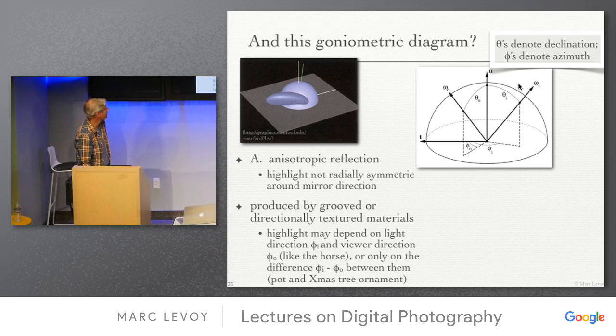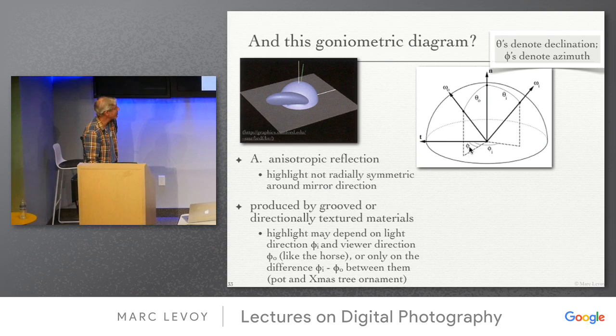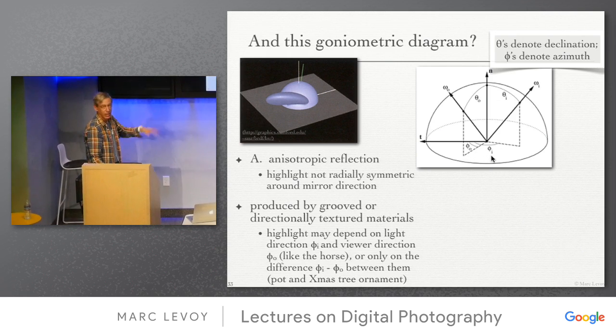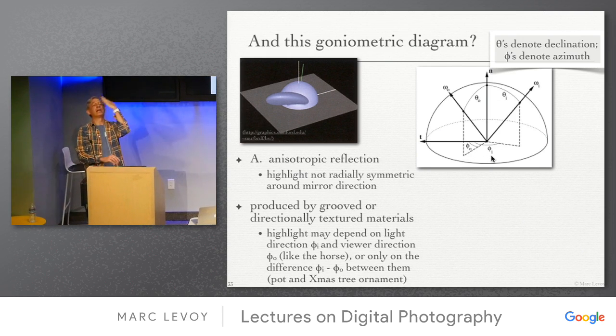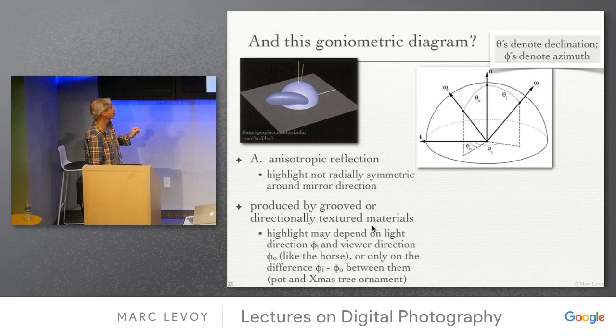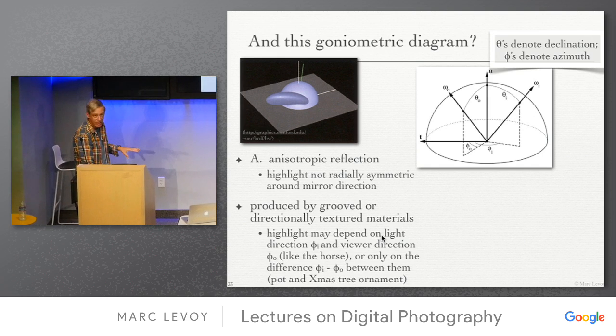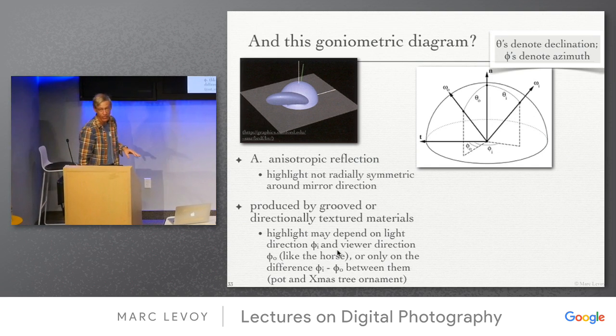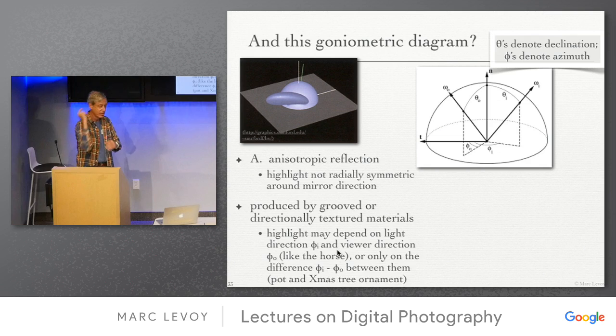That's the thetas that we've been talking about. But it also introduces these azimuthal angles. So that means this angle. And those are the phis. And so a highlight may depend independently on the light phi direction and the viewer phi direction, the azimuthal angles.